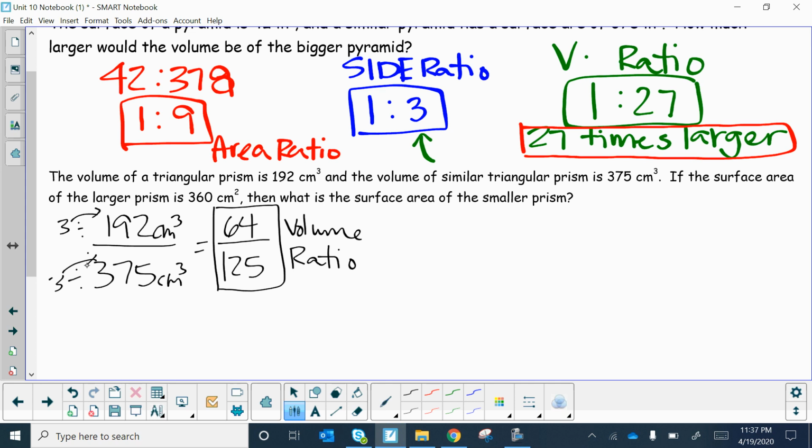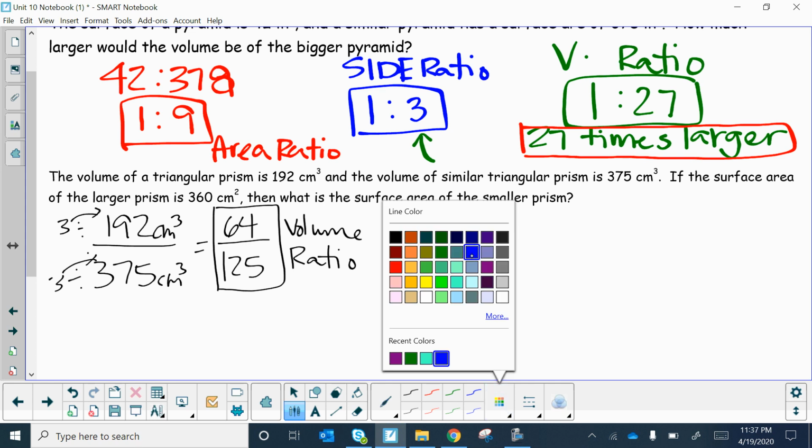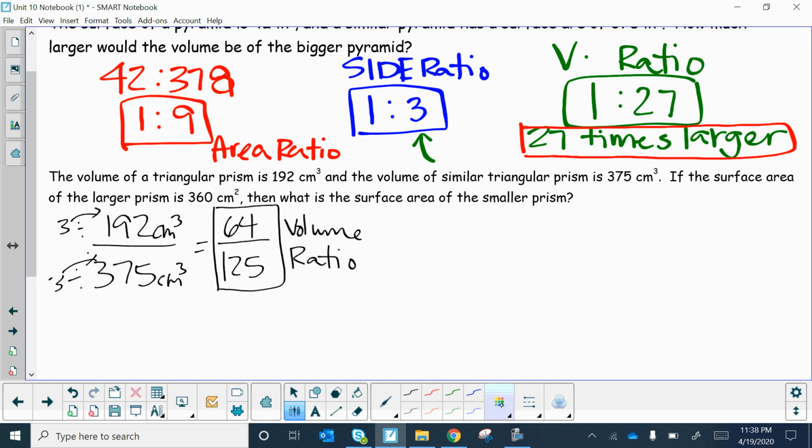So what I need to do is find the side ratio, because once I get the side ratio, I can then solve for the surface area ratio, and that's the ratio you have to use. So if that's the volume ratio, what you need to do is cube root these two right here. You have cube root on your calculator on your iPhone.